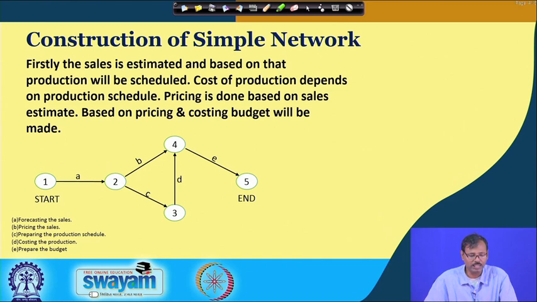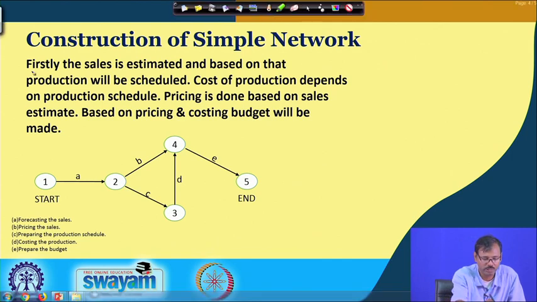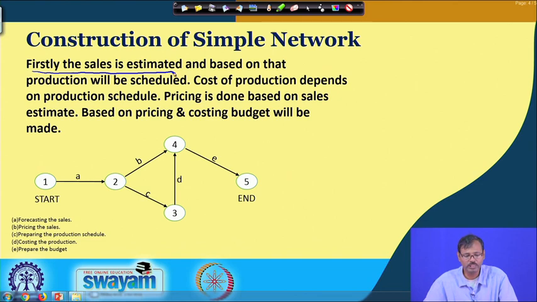So, as we have discussed, let us see. The sales has to be estimated. The first job is that we have to estimate the sale, what quantity of sale can be made. That means, we have some good idea about the market situation, and based on that only we can schedule the production target.